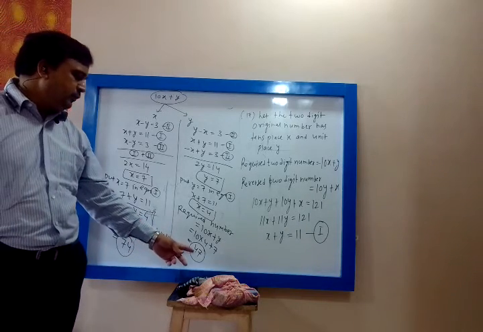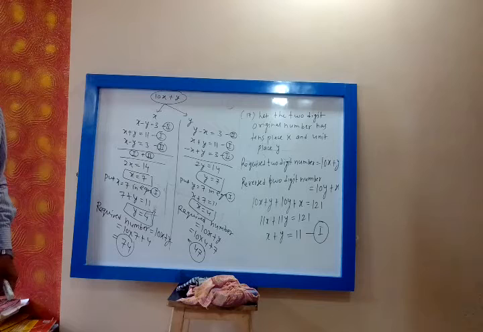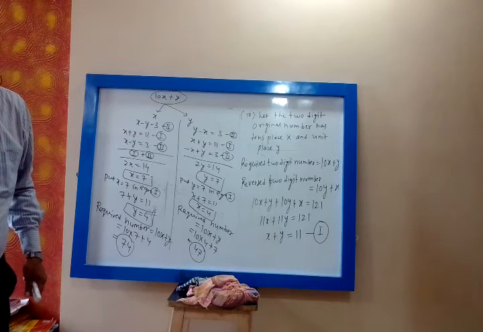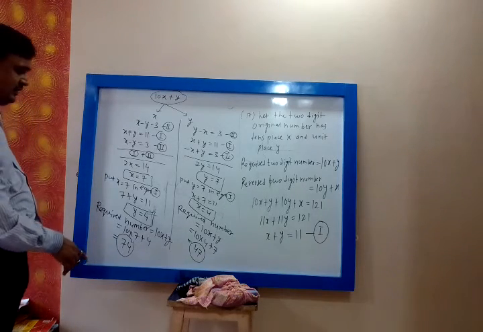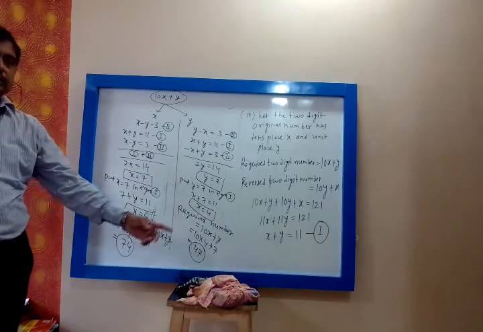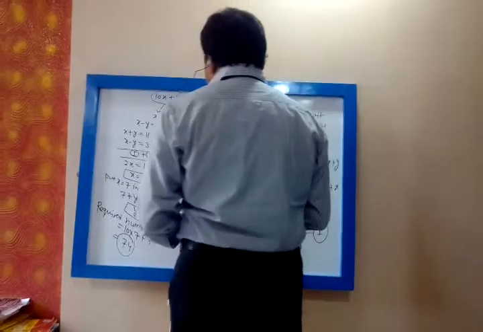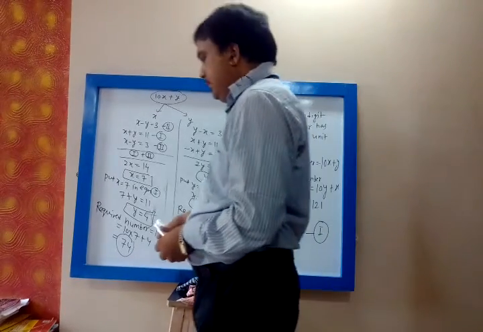See here, if you take 4 minus 7, what is the answer? Same answer, 74 and 47. Okay. So for question 16, there are two answers, 74 and 47.